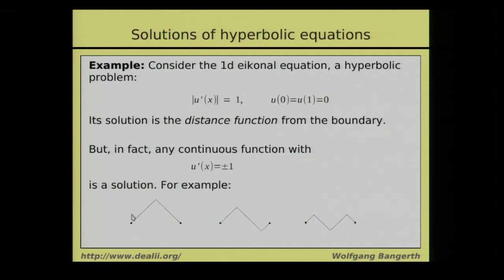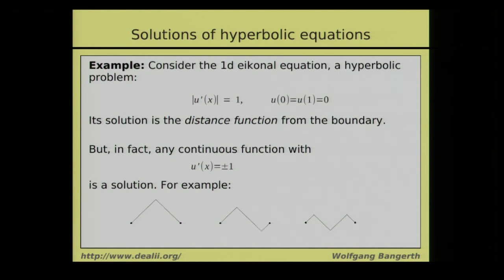So here is one solution to this problem, right? At the left and at the right endpoint, the function u is 0. The slope is plus 1 here, minus 1 here, so the magnitude of the derivative is always 1. Okay, that is clearly a solution.